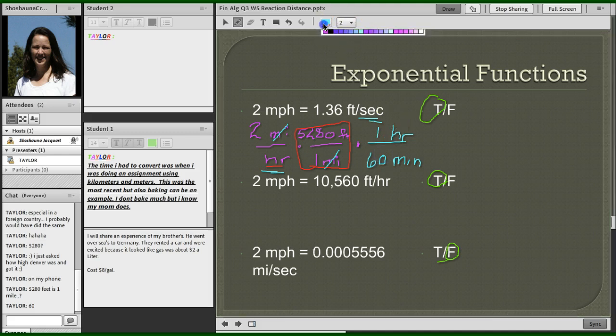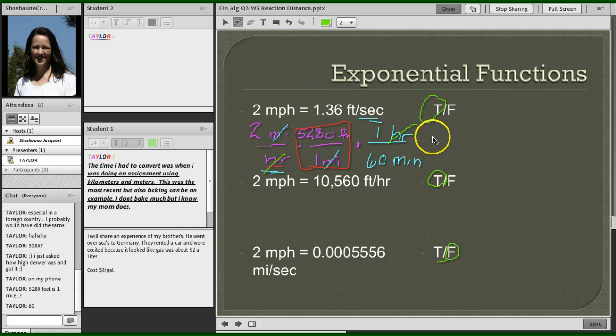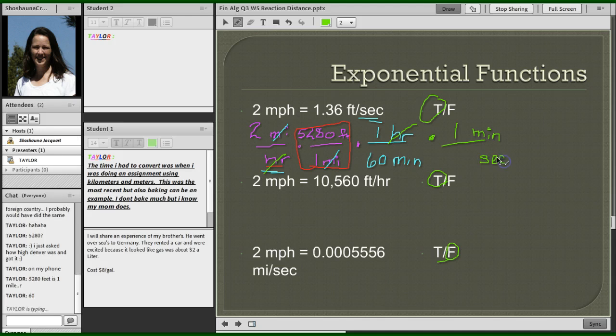Okay, so now that we've got that step of conversion, then we can go through and we can cancel my hours. I need to change how I'm writing that. And then let's convert our minutes. So minute, and we have 1 minute to how many seconds? 60 again. Good job.